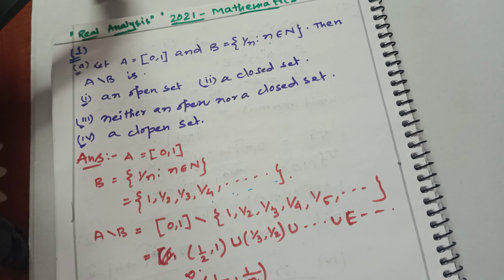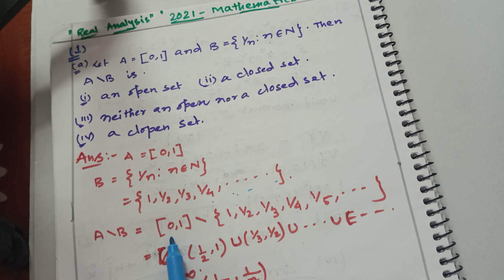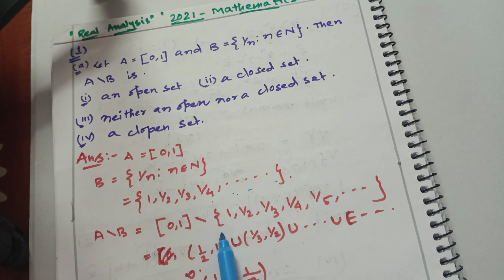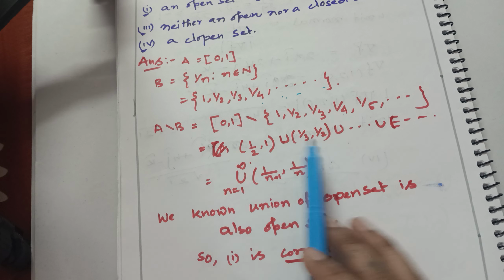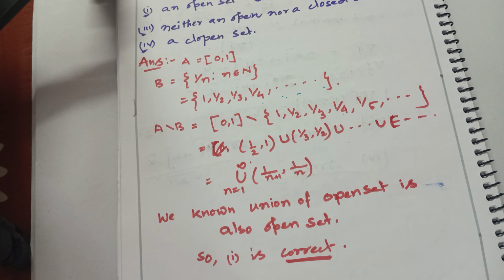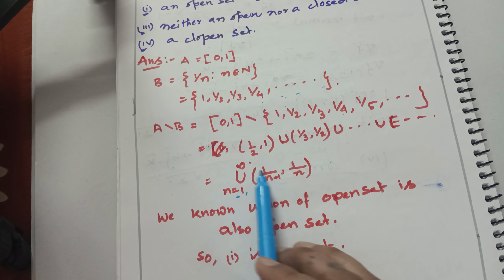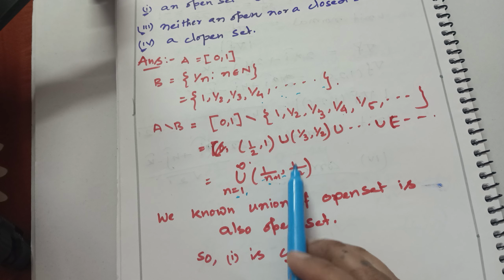So here we easily see that 0, 1, 1/2, 1/3, 1/4, 1/5 are subtracted, that is, neglected from the closed interval [0, 1]. So obviously we conclude that intervals like (1/2, 1), (1/3, 1/2) exist. That is the union for n equals 1 to infinity of (1/(n+1), 1/n).